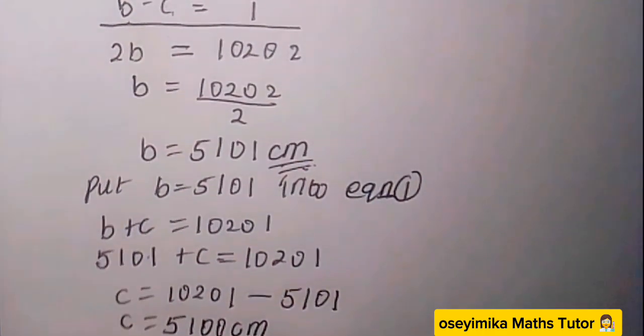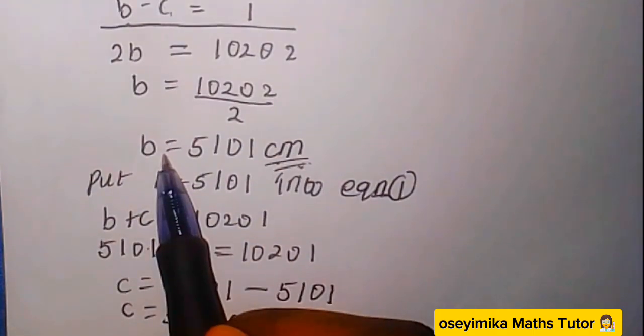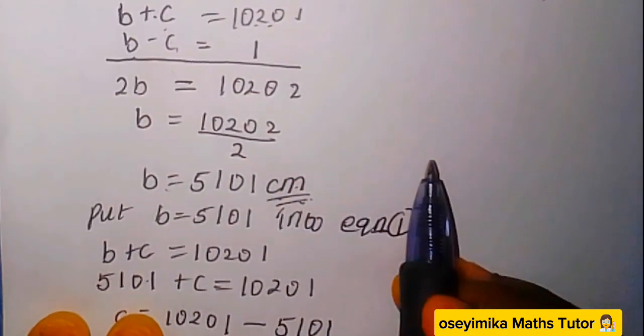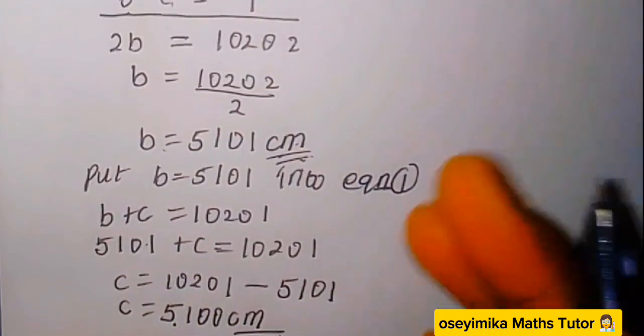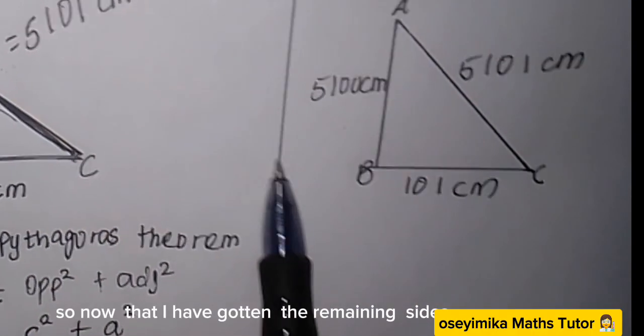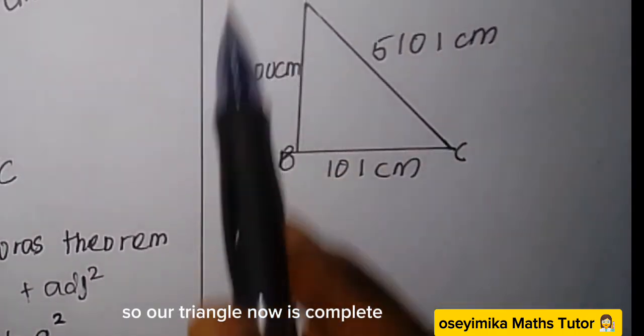So I've gotten our C to be 5,100 centimeter, B 5,101 centimeter. So now let's go and find the perimeter and the area. Now that we've gotten the missing sides, our triangle is complete.